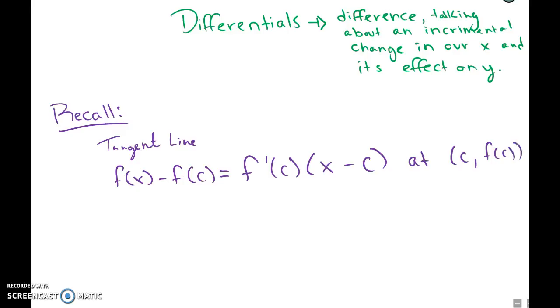What we're going to use differentials for is to estimate our values of our function near the point of tangency. So I'll put that in with a little asterisk here.